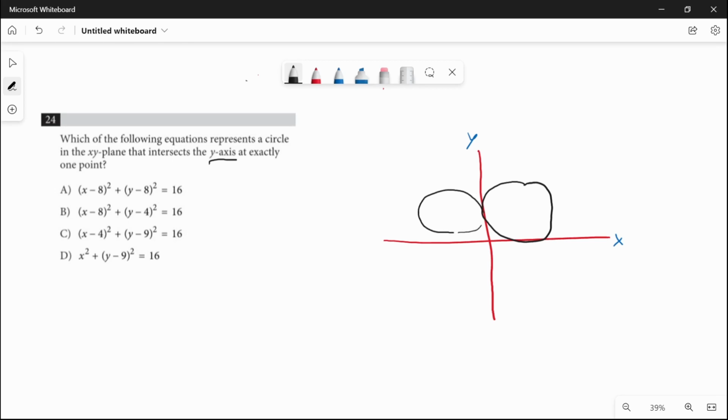Like that, or it could be here or there. So as you can notice, it does not matter the y value of the center of that circle. It does not matter whether it's a positive or a negative, okay? But what really matters is the x values.